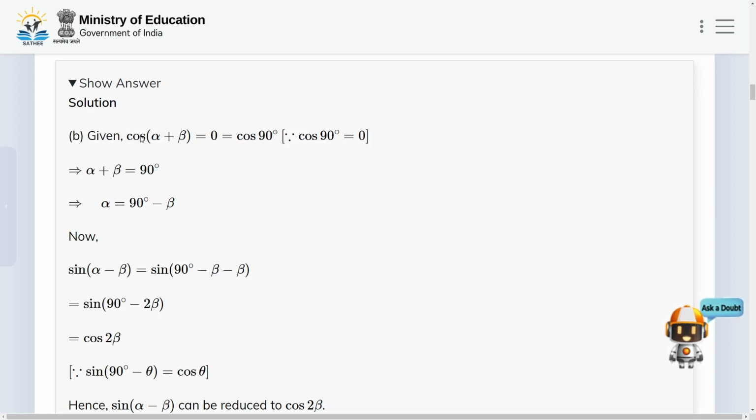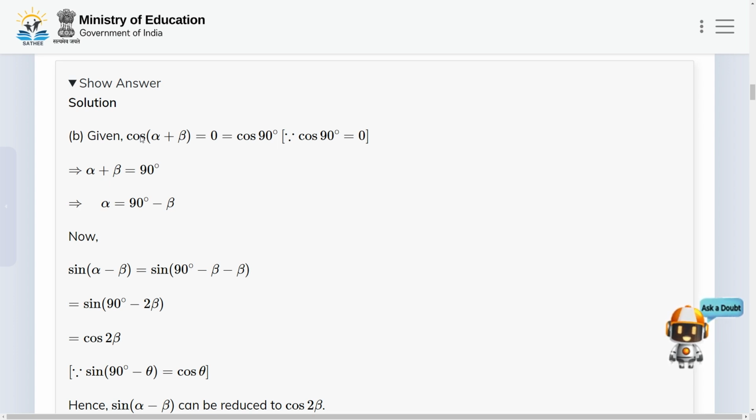We know cos 90° is 0. So cos(α + β) = 0 = cos 90°, and when α and β are in 0 to 90 degrees, we can use this formula, which implies α + β = 90°. So α + β is equal to 90°.